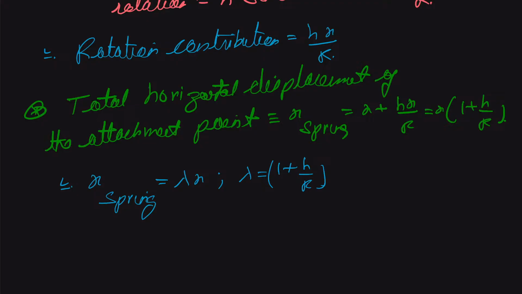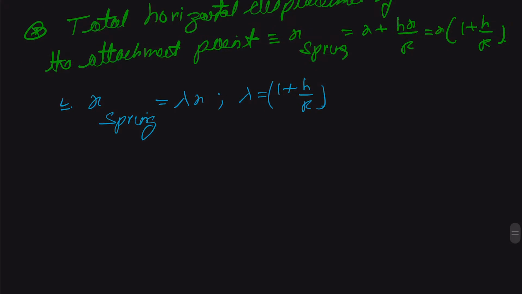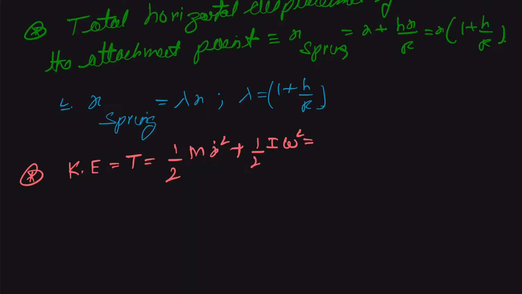Now we come to our energy part, and we have two kinetic energies, translational as well as rotational. So we can say our kinetic energy, T, will be equal to half m v square plus half I omega square. And we already know the value of I as well as omega. So we get half m velocity square plus 1 by 2 times half m r square times x derivative upon r whole square.